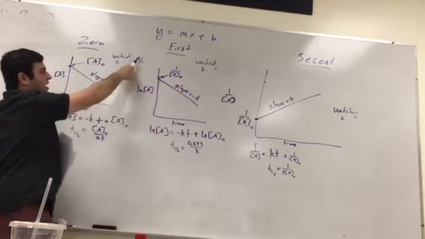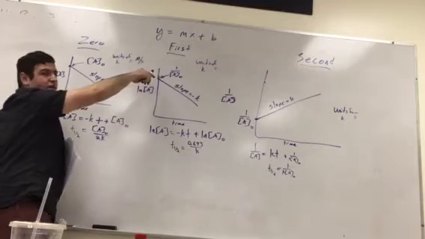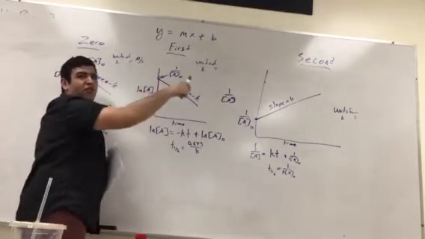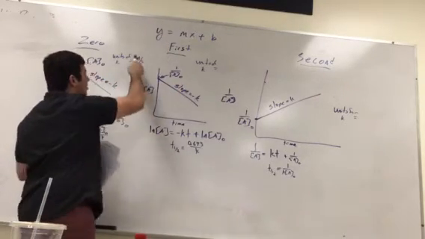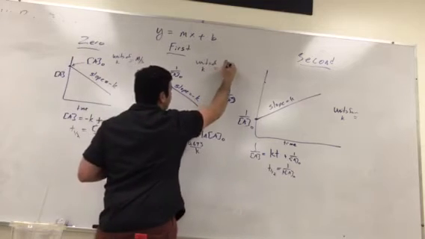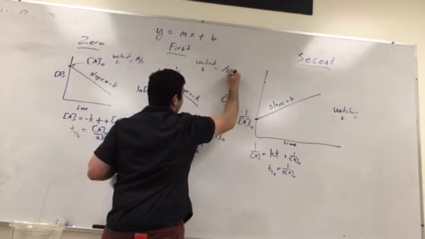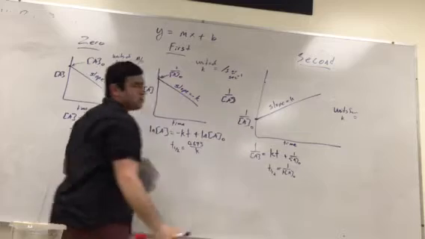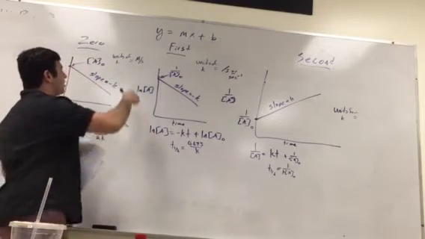For first order, notice this is k per second. For each one you go down, you divide by molarity. So this is molarity per second. First order is per second, or another way to write it is second inverse. That makes sense?